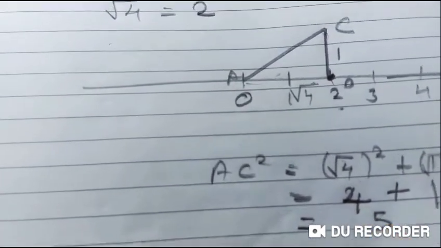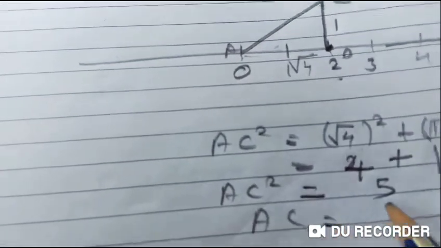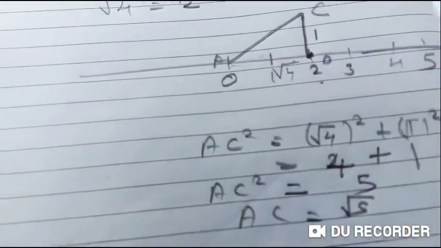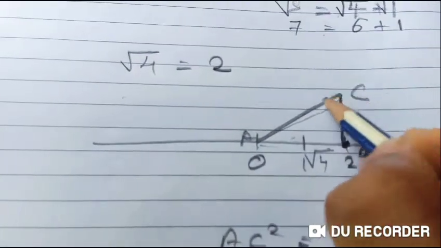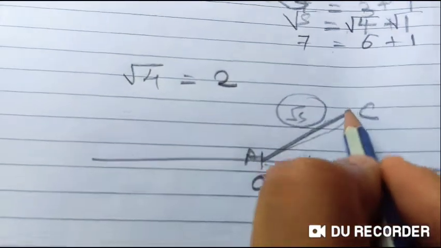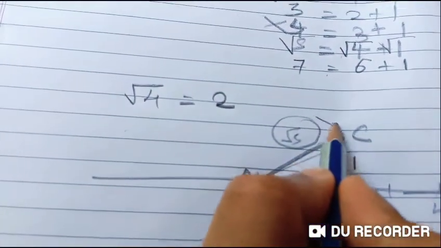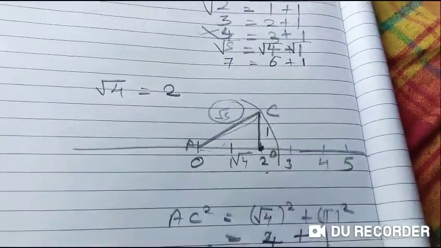This becomes 5. Therefore AC square becomes 5. AC becomes root 5. So you got that the distance AC is root 5. That is what we were searching for. Put a compass over here. Draw the perpendicular. This is how you prove it.